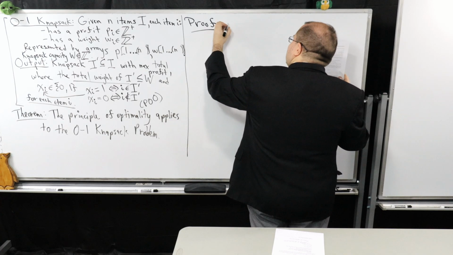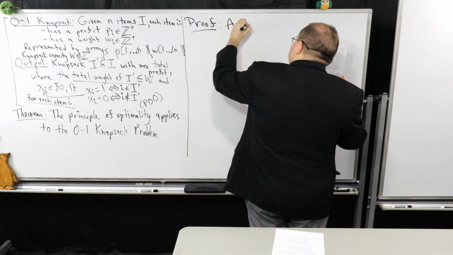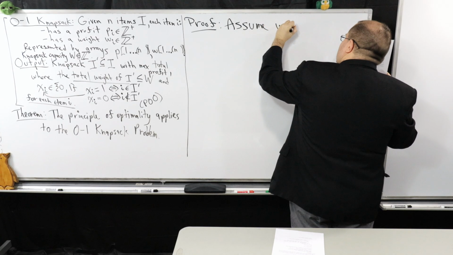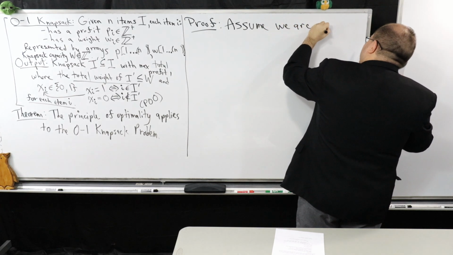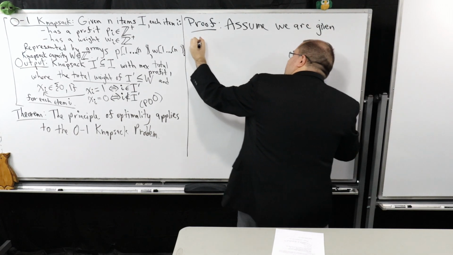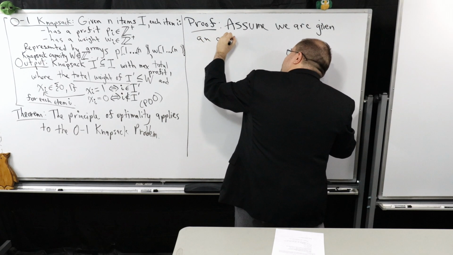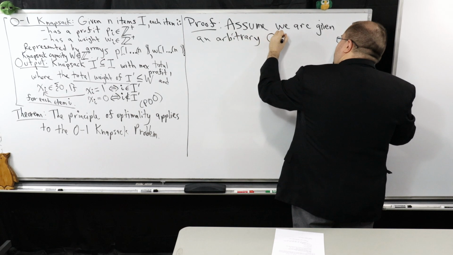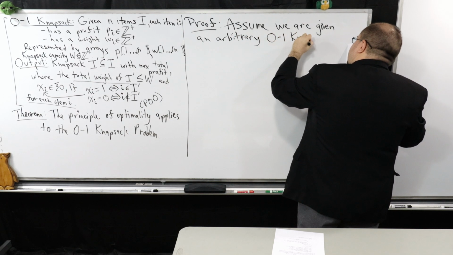So the first thing I need to do is define the scope of this. I'm going to assume we are given an arbitrary 0-1 knapsack instance.